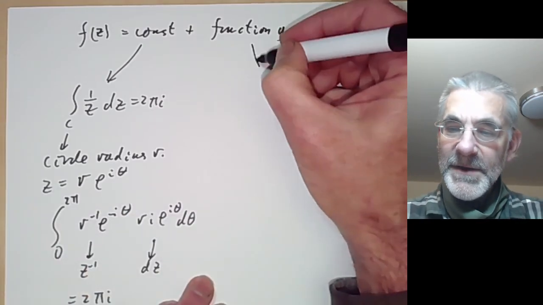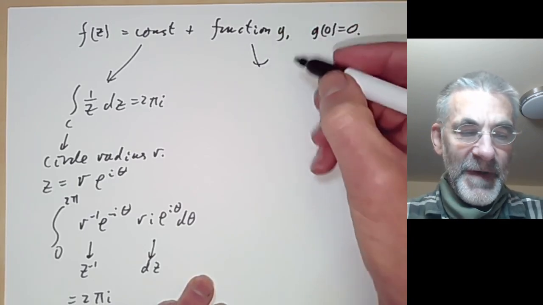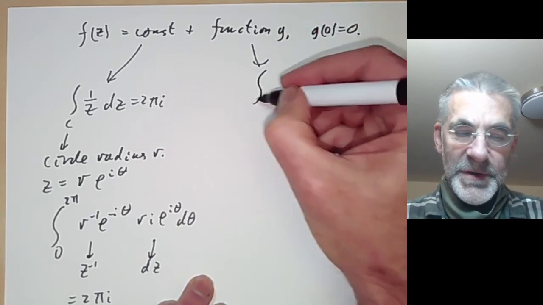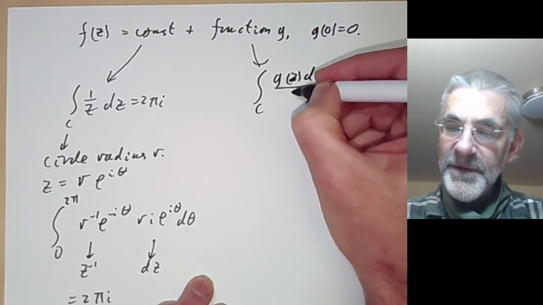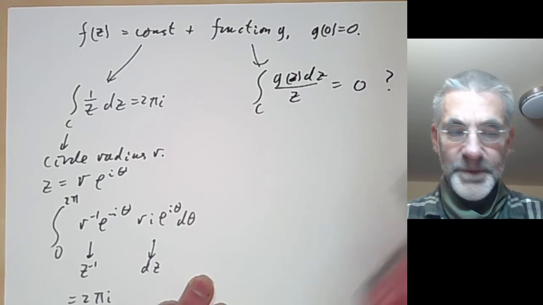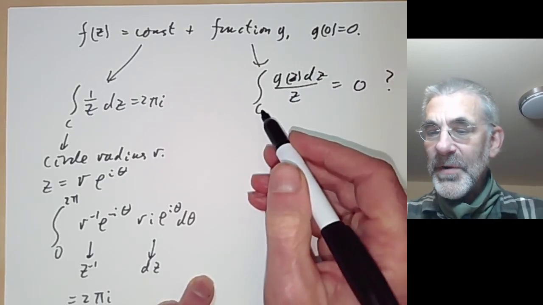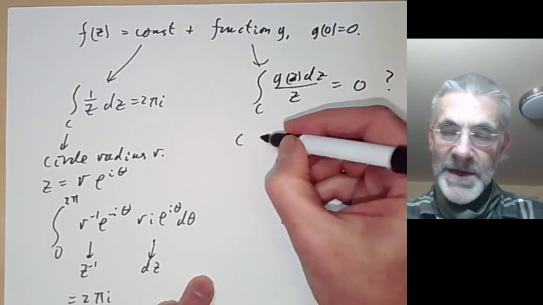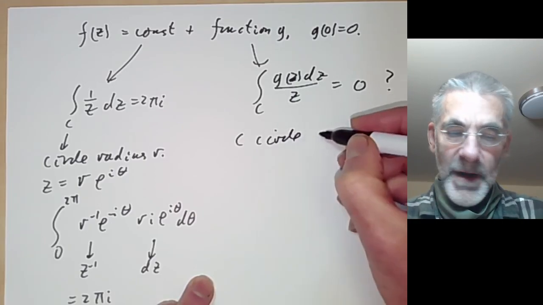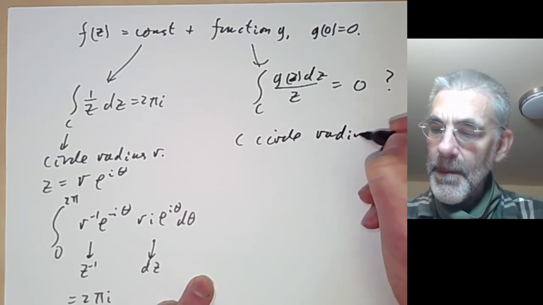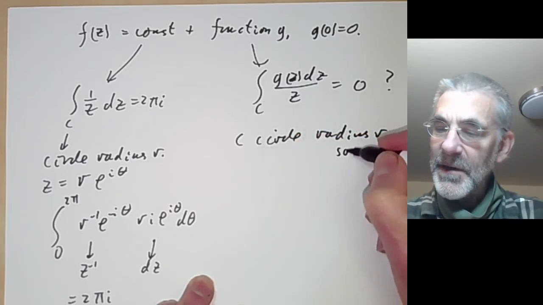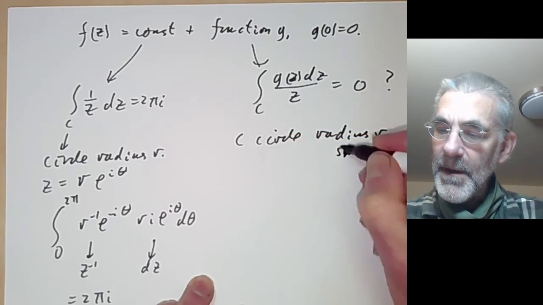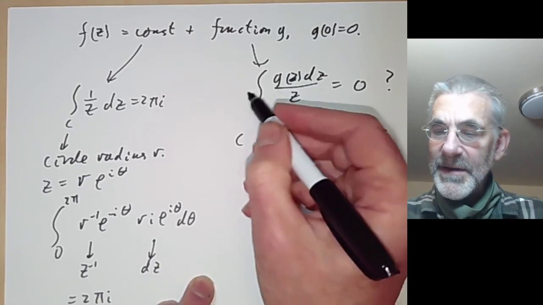On the other hand, if g vanishes at 0, what we want to show is that the integral around C of g of z dz over z is equal to 0. This time we take C to be a circle of radius r. Again, we deform it to be a circle of radius r, where we're going to take r to be very small. Then we just estimate the size of this integral.